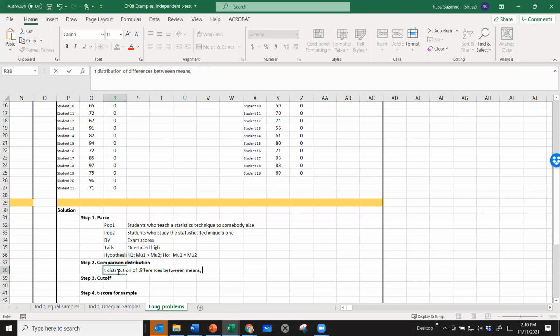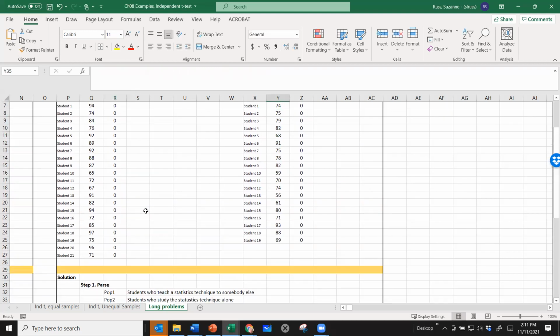And the center of that distribution, when we compare all those differences, is mu equals 0. And the spread is represented by the estimated standard deviation of differences between means, which I'm going to just label as S differences, and that we have to calculate. So let's go below now and begin that calculation process.